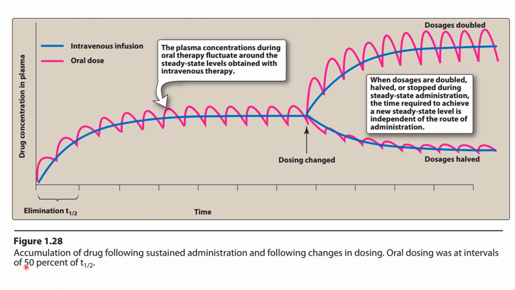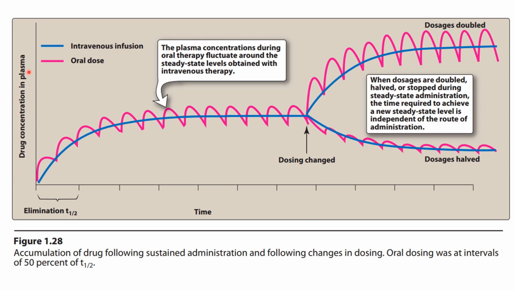Accumulation of drug following sustained administration and following changes in dosing. Oral dosing was at intervals of 50% of the half-life. Here, this color line shows oral dose, and this color shows intravenous infusion.